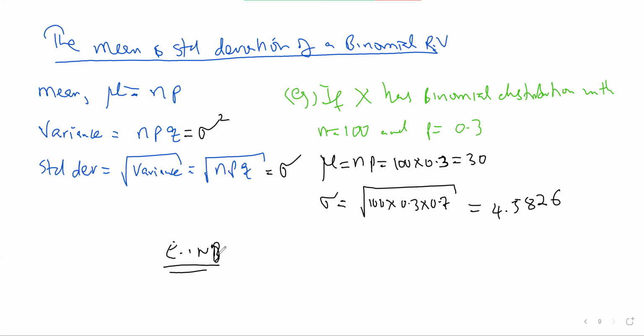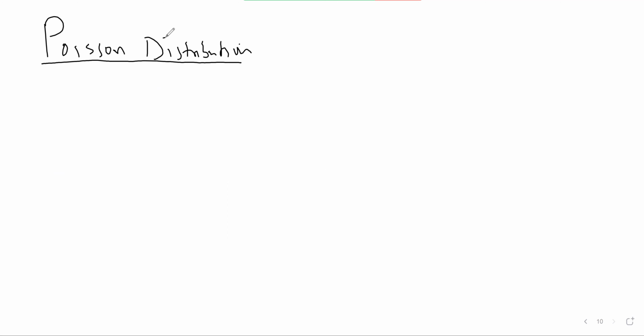I want us to quickly look at the other type of discrete distribution, which we call the Poisson. It is also a discrete distribution. And here are the characteristics of the Poisson distribution.